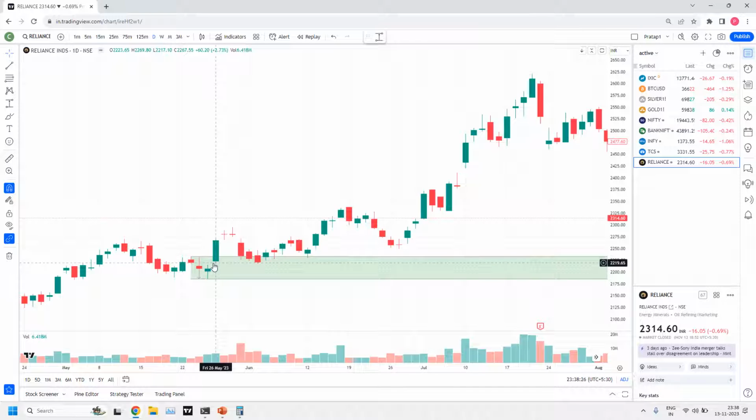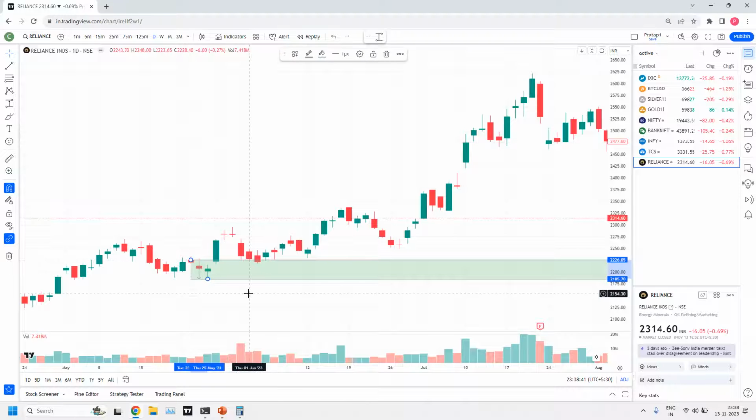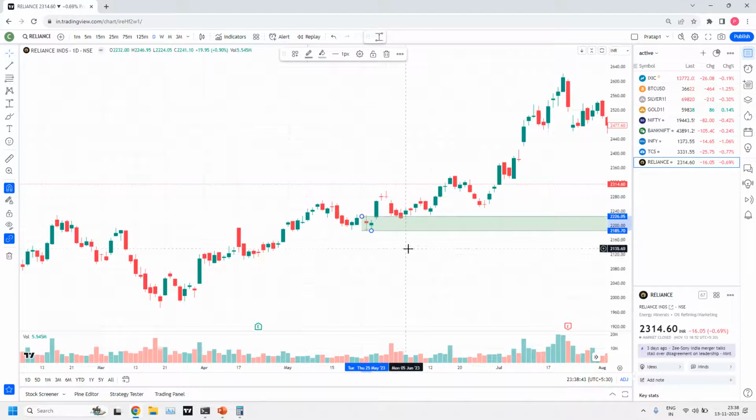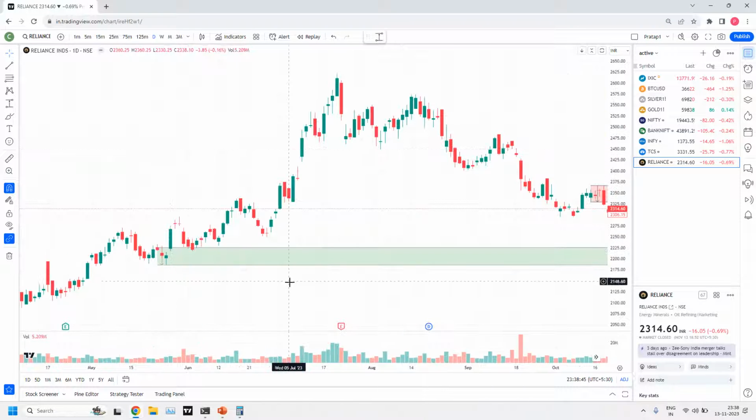The highest body among these 3 candles. Which candle is having the highest body? The first candle in this zone is having, we have 3 base candles in the zone. The first base candle. So let me reduce. Still you feel the risk is very high.